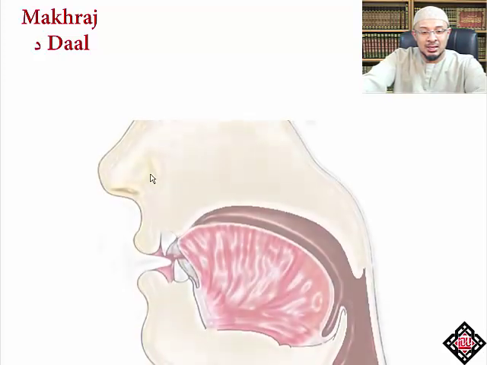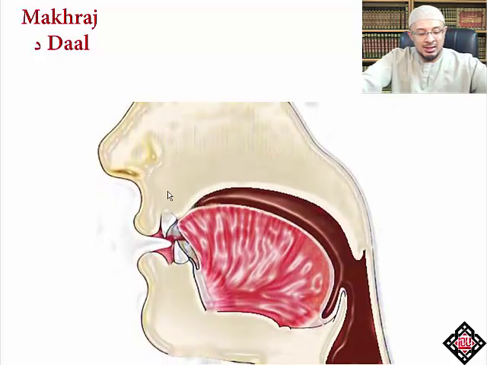Let's look at the schematic, and we see a nice presentation here of the proper articulation point, or makhraj, of the dal. Right here. This is the upper incisor, and this is right after it, right at the junction. Da, da, ad, ad.